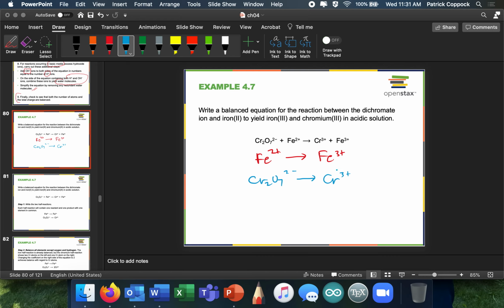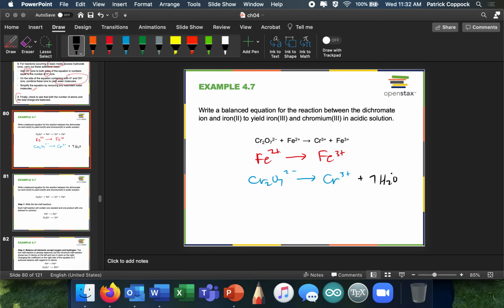So first thing we do is divide up into half reactions, which I did. The next thing we do is we balance all the oxygens by adding water. Looks like I'm going to be adding 7 H2Os here, because you see you've got 7 oxygens. Add 7 H2Os. There's no oxygens to be adding up here because there's no oxygens.